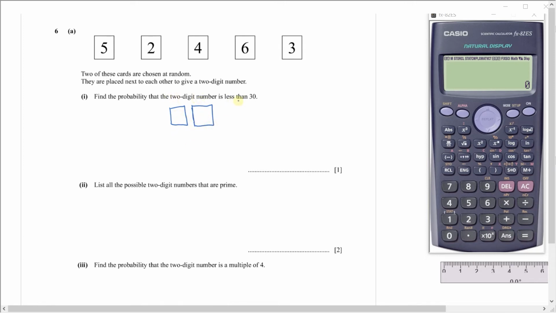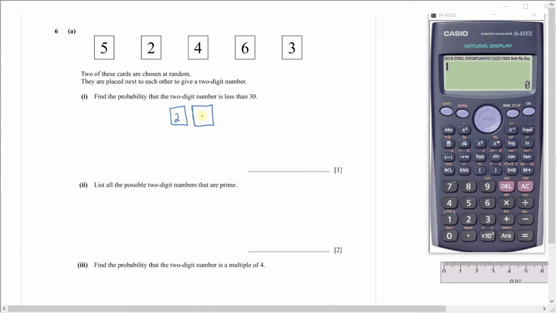If the two-digit number is less than 30, that means the first card that you choose should be less than 3. So the only option that we have that is less than 3 is 2. So that means the first card should be 2, and then the second card could be anything. It could be 5. 25 is less than 30. 24 would be less than 30. 26 would be less than 30, and 23 would be less than 30 as well.